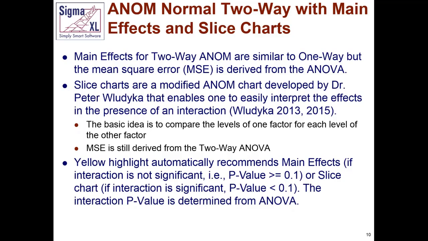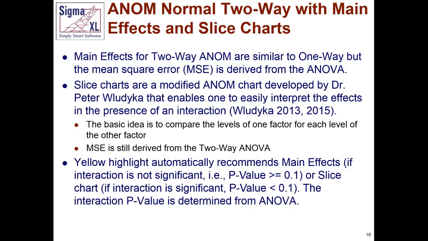Slice charts, however, are what we use to compare the levels of one factor for each level of the other factor. So we'll see in a moment visually what the slice chart is all about, and it makes it really easy to interpret the effects, particularly in the presence of a strong interaction.